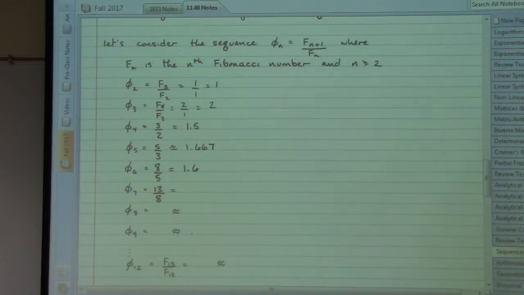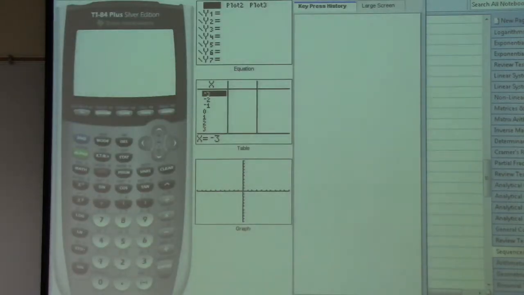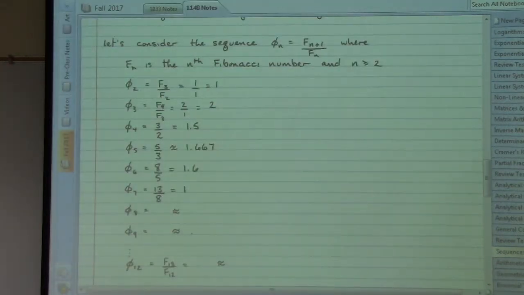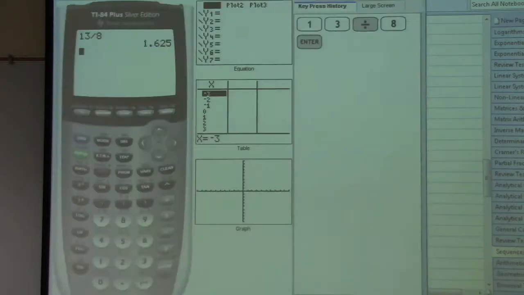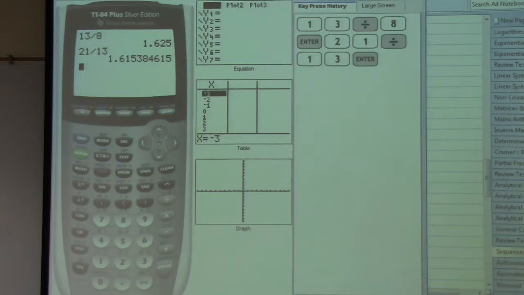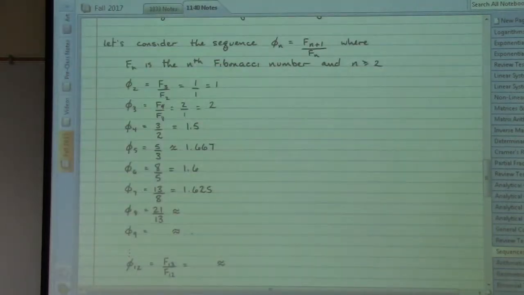Excuse me. So 13 over 8 would be, well, I don't recall that one off the top of my head, so we'll just go over to the calculator and bang that one out. 1.625. All right. 21 over 13, and certainly not going to do that one in my head. 1.615, just carrying that out to 3 decimal places.